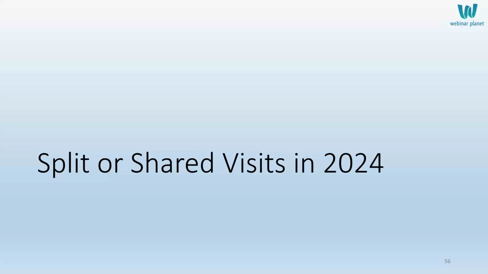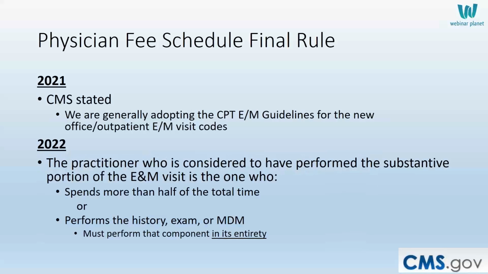We know that previously CMS had said that they were trying to make some adoption of what rules they were going to follow. CMS in 2021 said that they were okay with the office and other outpatient services rules, with the exception of some of the split shared things.